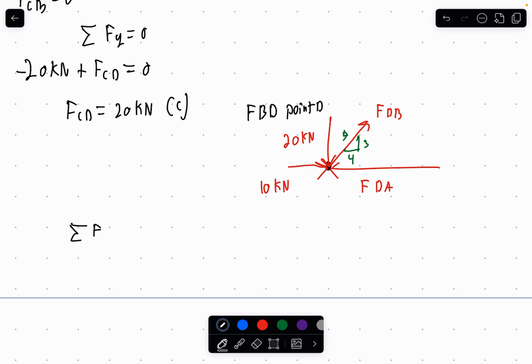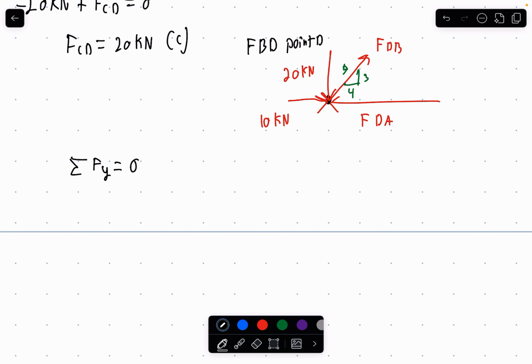Okay. So we can go to some of the forces here. Let's actually start with the forces in the Y, because as you can see, we only have 2 forces right here acting in the Y direction versus in the X direction we have 3 forces. So we can solve one and then move to the next. So we have 20 kilonewtons in the negative direction, and we have F_DB acting in the positive direction. We know F_DB is going to be acting with 3/5.